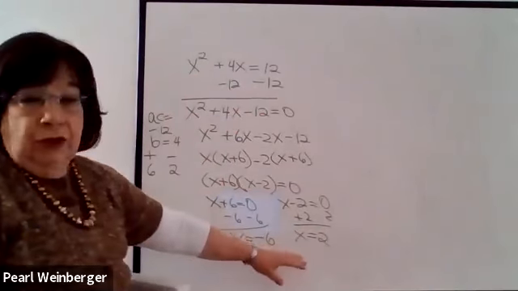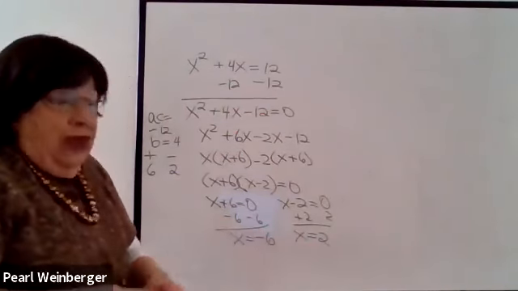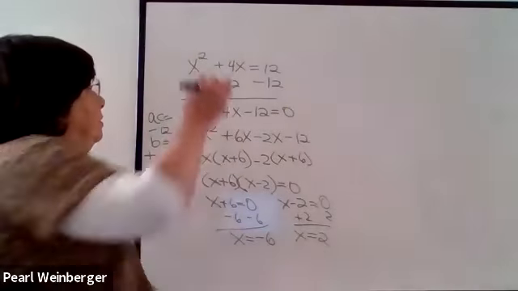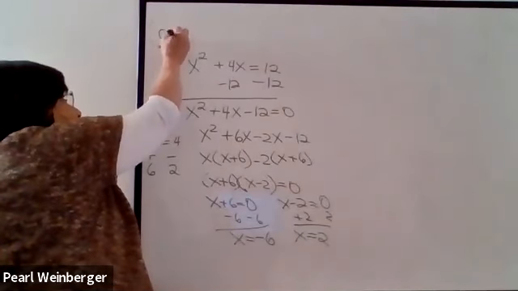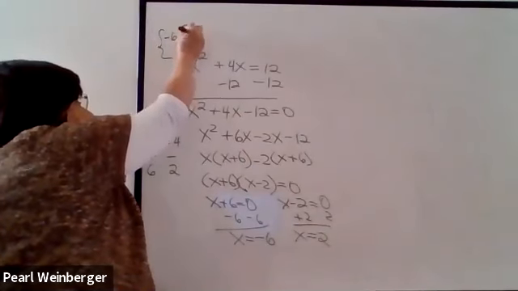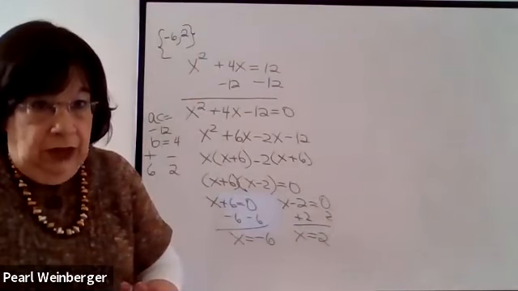If you can factor it, after you factored it, you set each factor equal to 0, and you get your final answer. The answer turned out to be negative 6 and positive 2. So this is the method we've used until now.